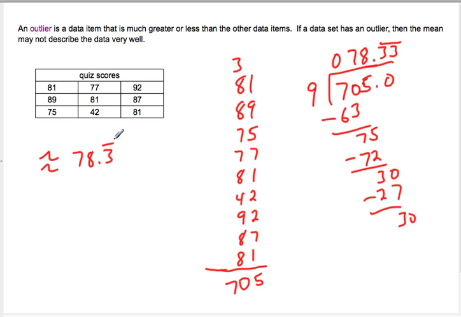Okay. Now keep in mind, part of this problem is that we're talking about an outlier, and so we're thinking maybe 78.3 doesn't describe the data well because there's this 42 that's bringing down the scores. So notice 78.3, it's below that, it's a little above that, below, below, below, below, a little above, a lot above, and below.